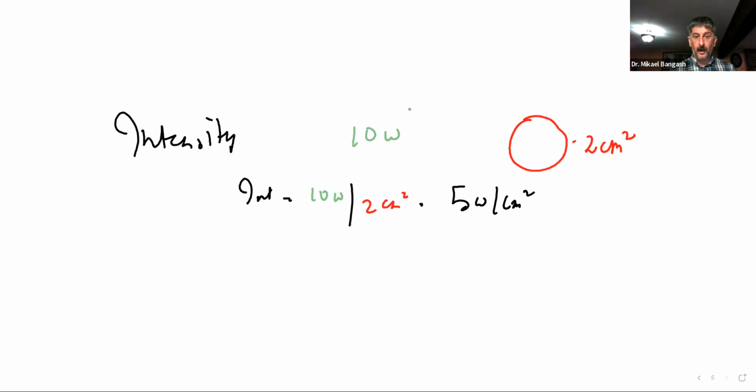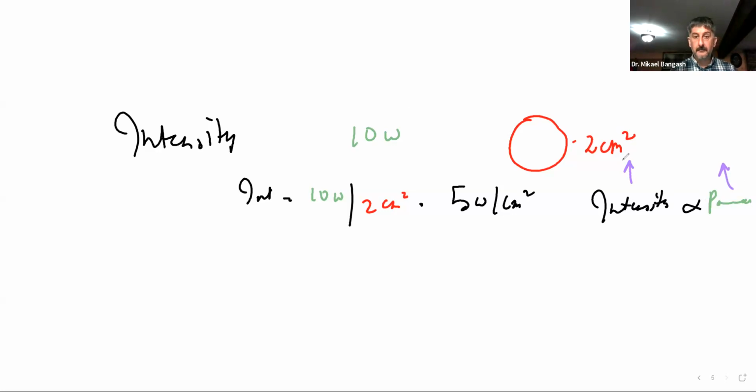What we just said on the previous slide was that intensity is directly proportional to power, which means that if the power increases, then the intensity will increase.